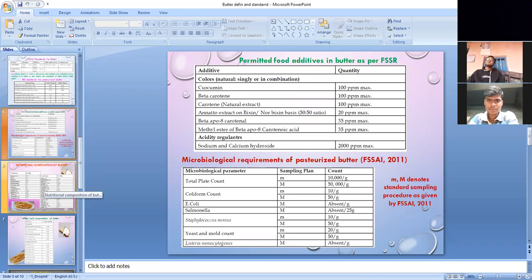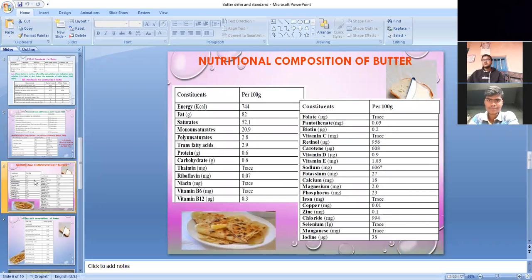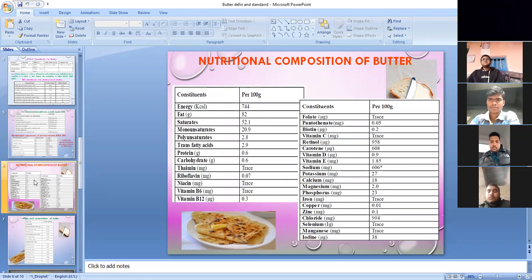Similarly, we can also go through the nutritional aspect of butter. When you take butter from Amul or Sudha or any other brand, you get the different constituents with their nutritive value on the packaging material.